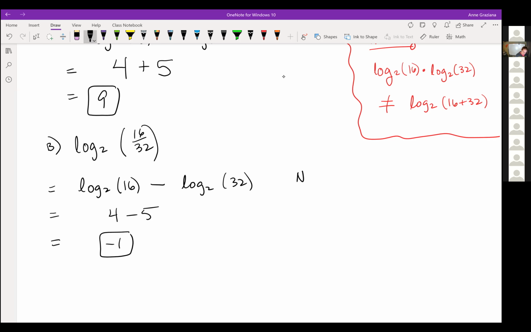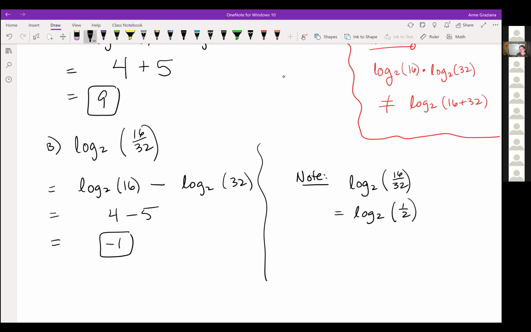I also want to show you that sometimes there's more than one way. In fact, a lot of times with the properties, there's more than one way to do it. Something like 16 over 32, what fraction is that really? A half.